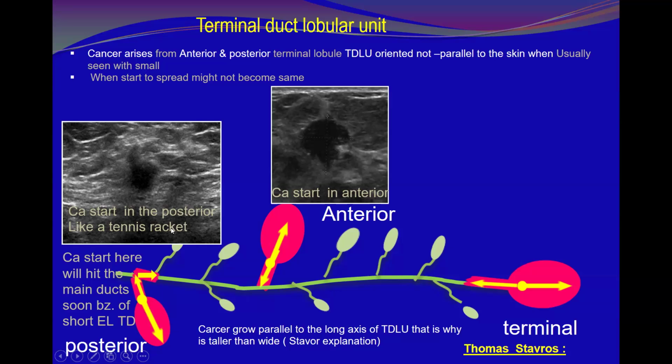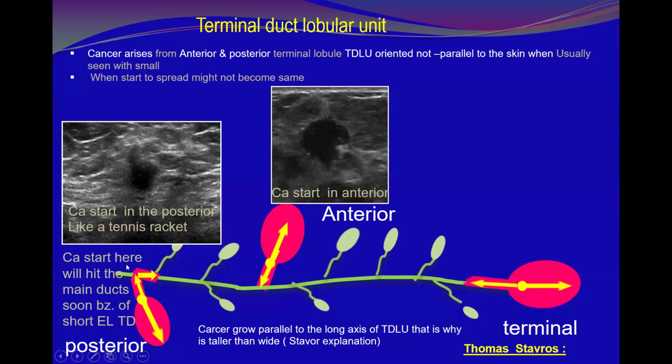This is cancer arising in the posterior terminal duct lobular unit, and then extending in the extralobular terminal duct going toward the ductal system, and they said that it seems to be like a tennis racket. You see, they are giving a simulation of a tennis racket.